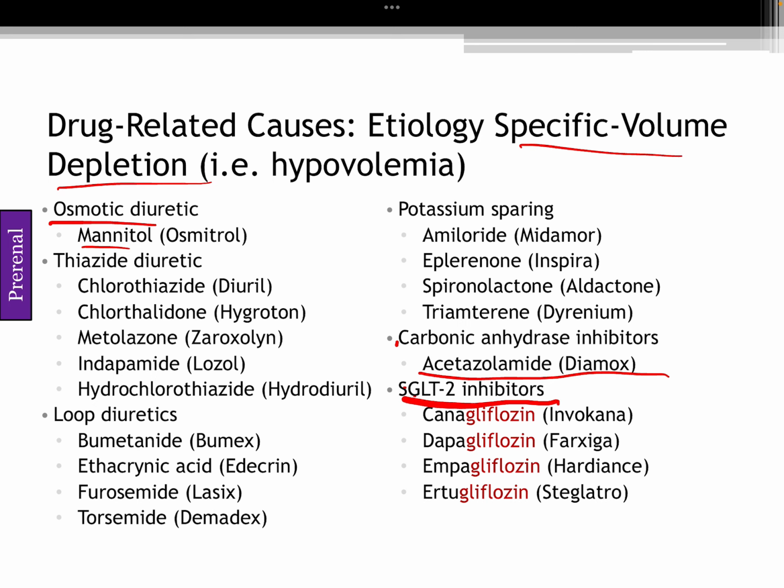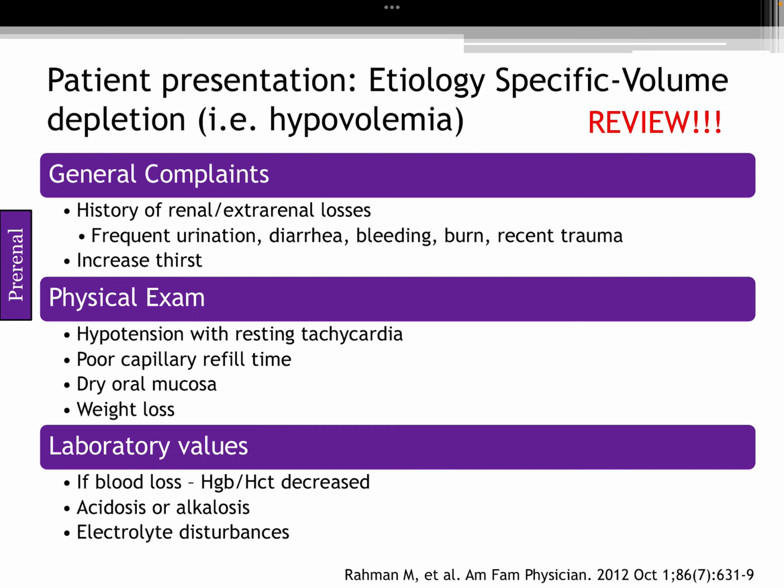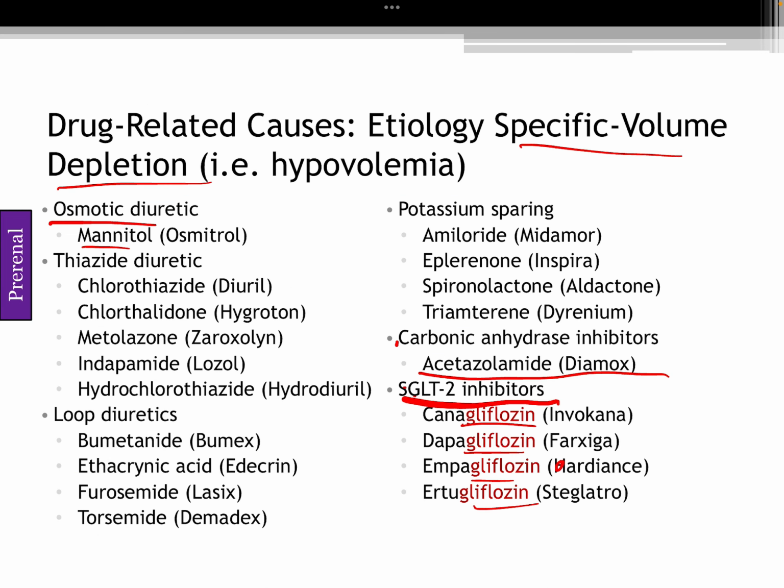That's how they work as anti-diabetic agents. You can always remember these guys by canagliflozin, dapagliflozin. They all have the gliflozins at the end of it. And it's canagliflozin, dapagliflozin, empagliflozin, and ertugliflozin. I apologize, this is actually Jardiance.